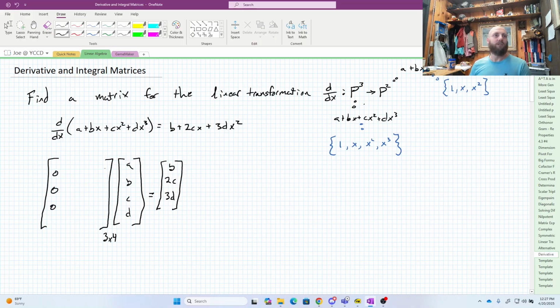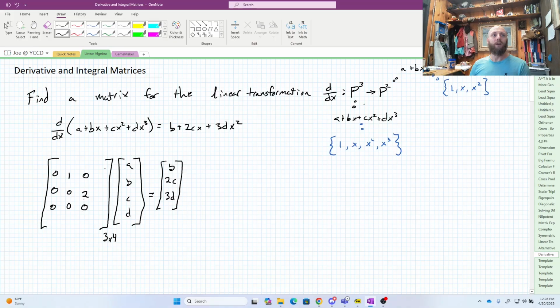So I got my zeros. That's my derivative of 1. The derivative of x is 1 and no x's and no x squareds. The derivative of x squared is no constants, twice whatever I have here, so I get a 2 here, and then no x cubes.